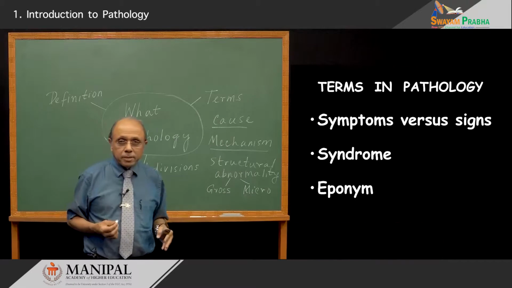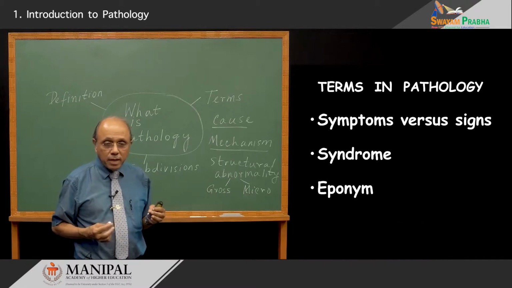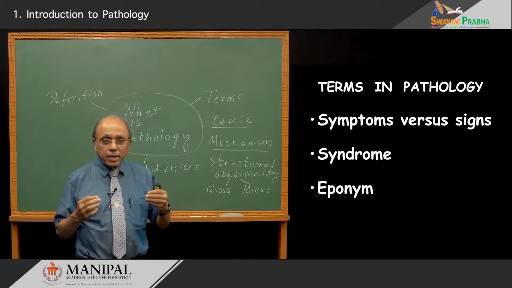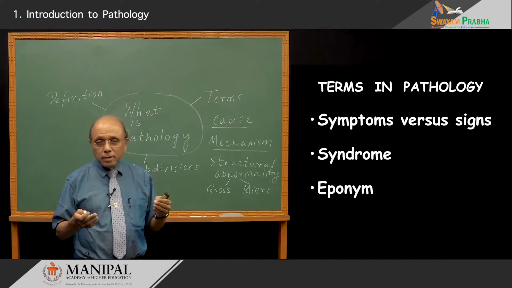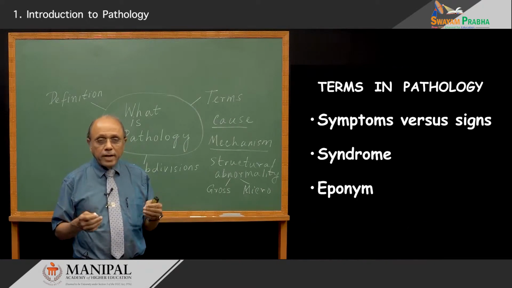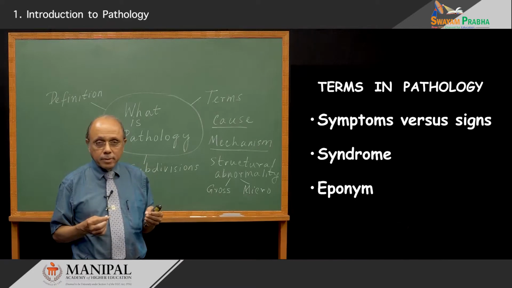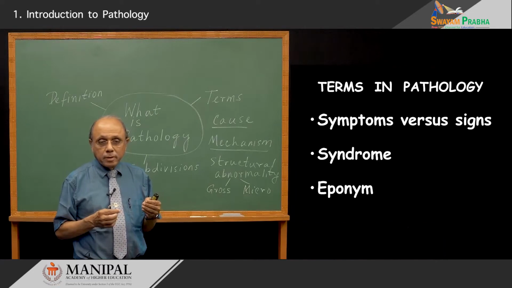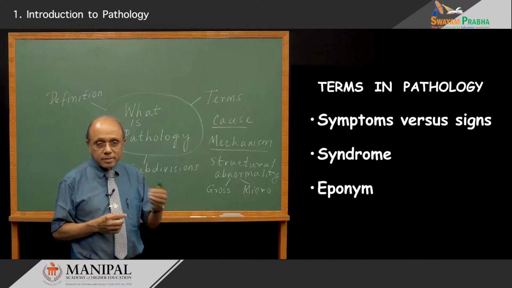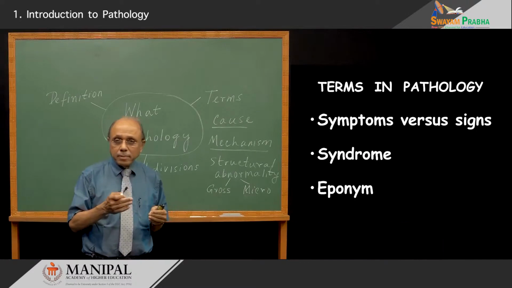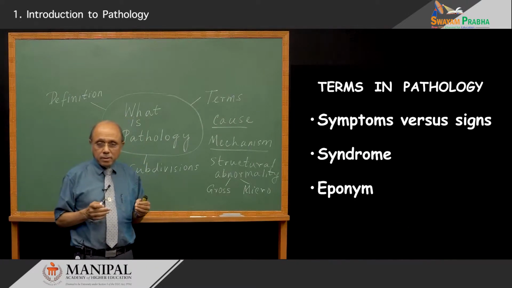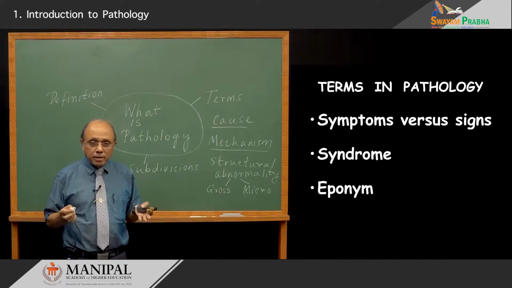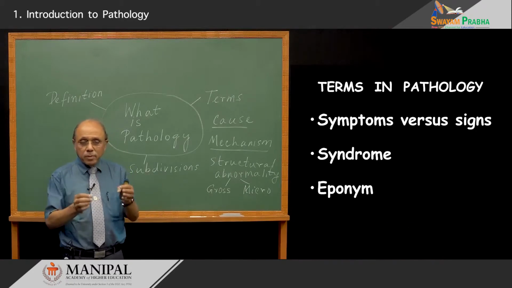Another word that you will often encounter is eponym. Eponym simply means named after a person or a place. Philadelphia chromosome, Reed Sternberg cell, Addison's disease. Whenever a name is associated with a disease or a symptom or a sign or a laboratory finding, we use the word eponym.